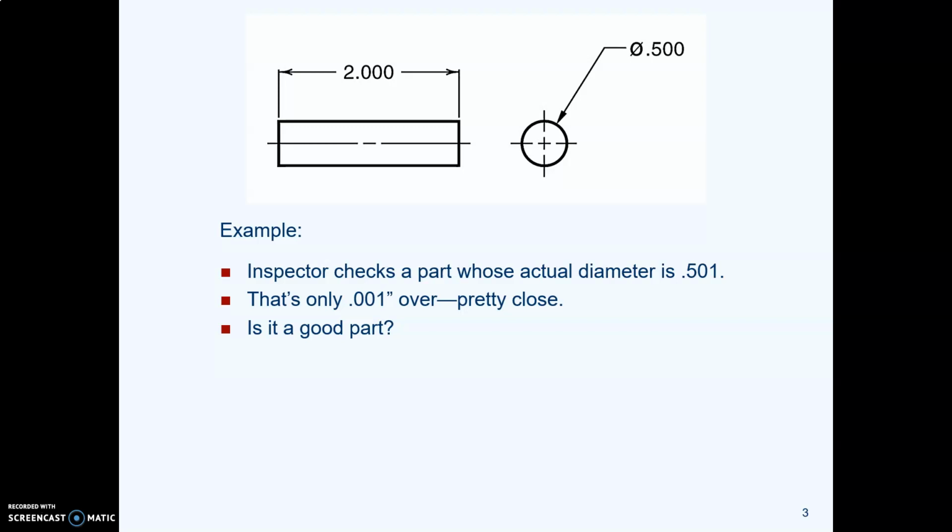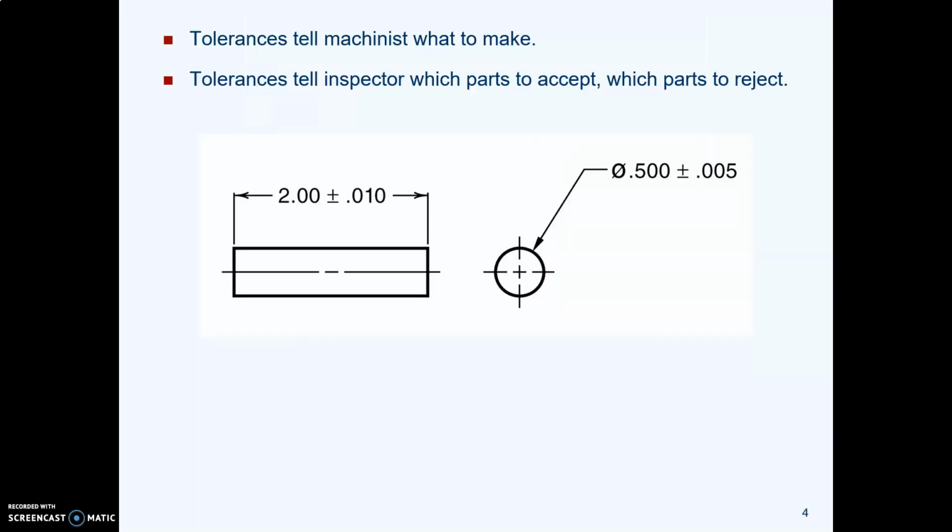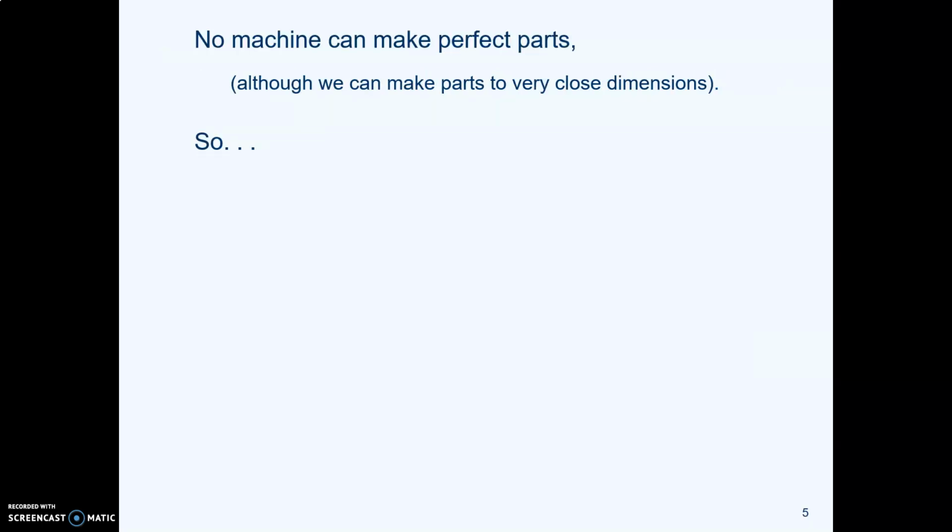It's pretty close. Is that okay? You could spend all day on the phone answering questions like that. So we put tolerances on our drawing, and this tells the machinist what to make, what their goal is, and it tells the inspector which parts are acceptable and which parts they must reject.